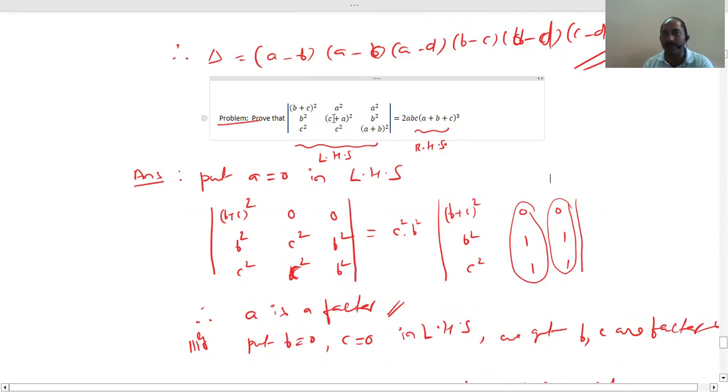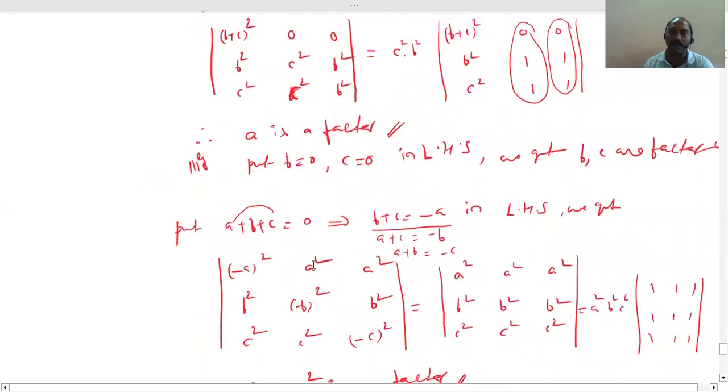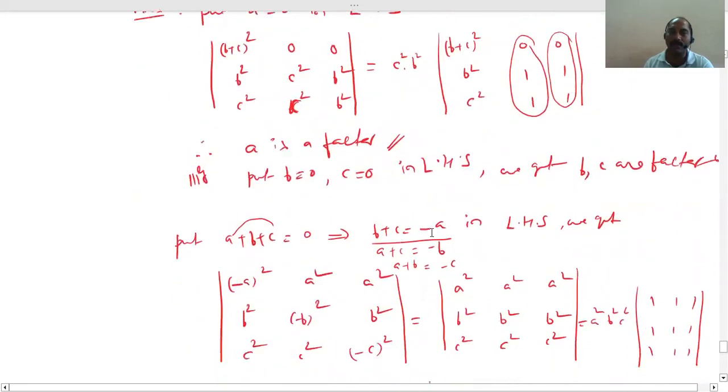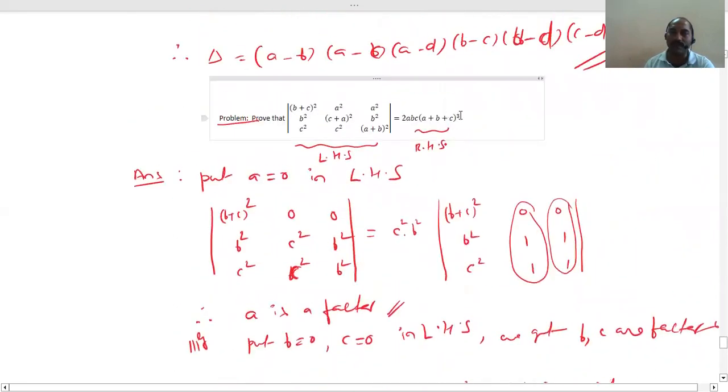In the determinant, we usually take cyclic order: first row first element, second row second element, third row third element, first row second element, second row third element, third row first element, like that. If we add their total exponent, it becomes 6, but we get up to 5 only because a plus b plus c whole square, 1, here a1, b1, c1. So another factor a plus b plus c is missing.